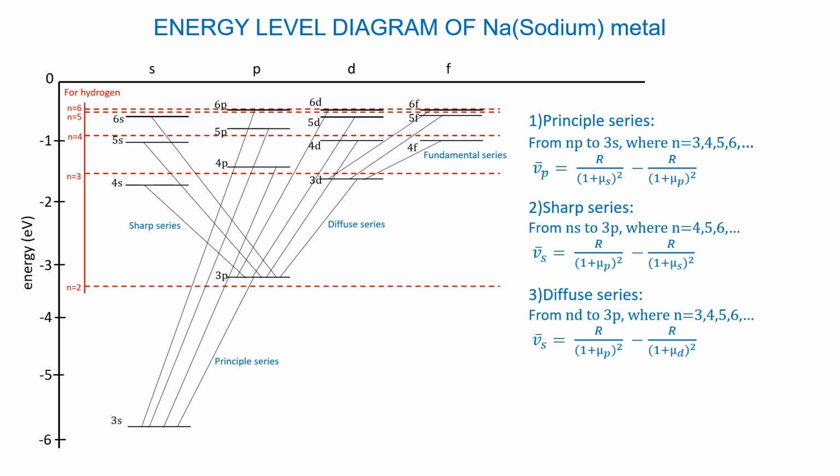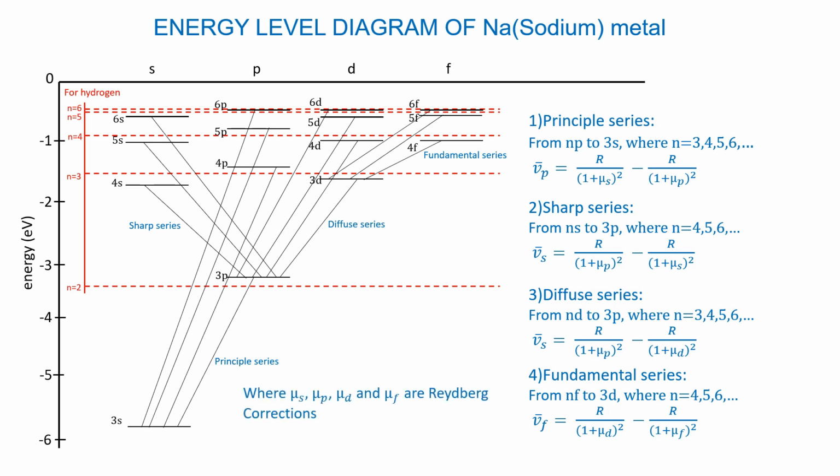Similarly, for the fundamental series, we can write the equation like this, where mu s, mu p, mu d and mu f are called Rydberg corrections, since these equations are given by Rydberg for the principal, sharp, diffuse and fundamental series.